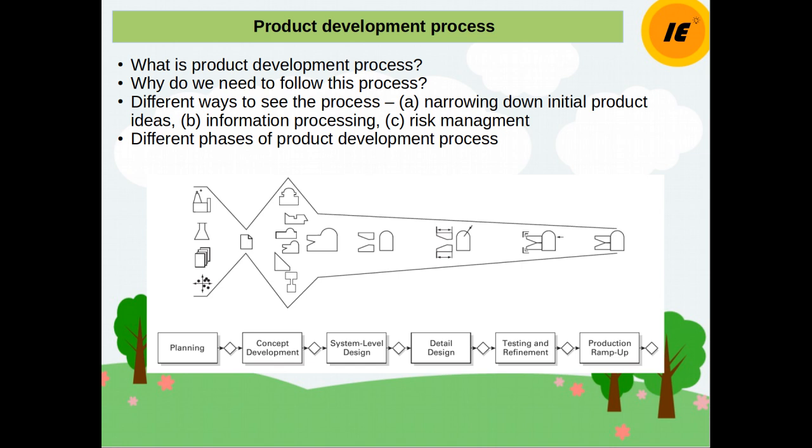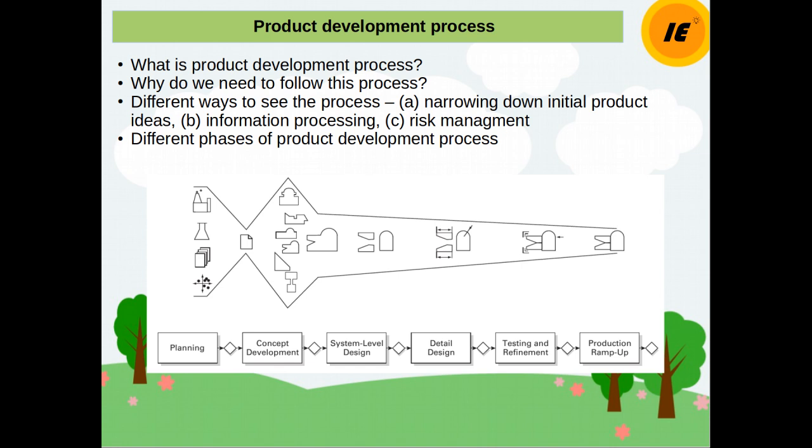So planning, then concept development, then system-level design and detailed design, and then testing, refinement, and production ramp-up. These are more or less a common structure, but depending on the product and the market, these structures can be a little bit different.